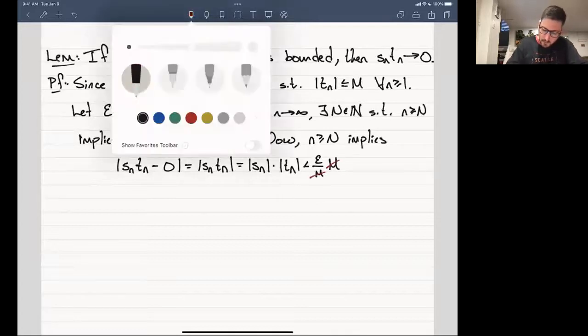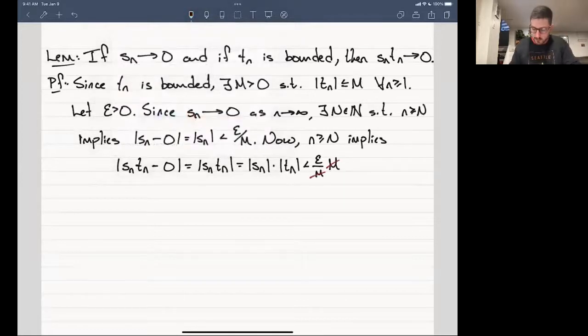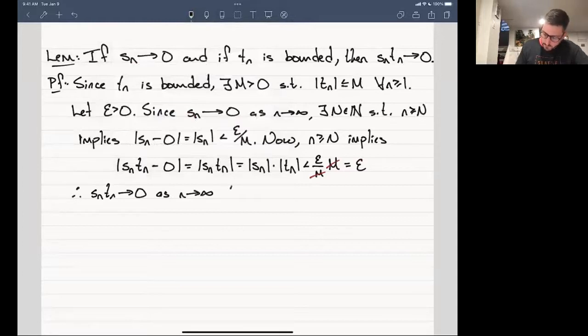I was very clever about where I'm putting them here. That's why I said I want Sn less than epsilon over M, because now I've got Sn times Tn minus 0 is less than epsilon in absolute value. So therefore, Sn Tn converges to 0 as n goes to infinity from the definition of convergence. So that gives me what I wanted.